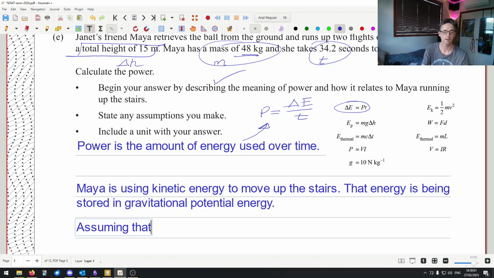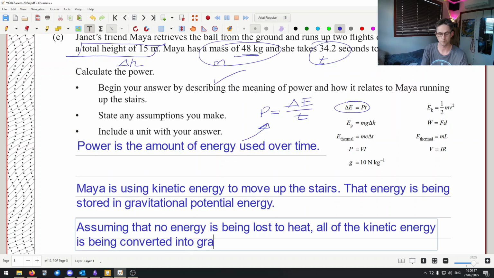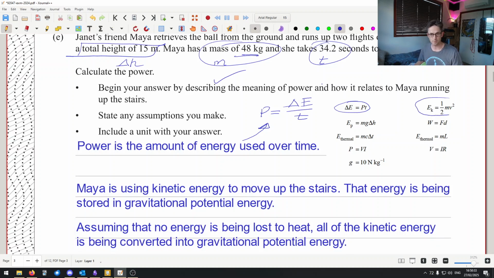So assuming that no energy is being lost to heat, all of the kinetic energy is being converted into gravitational potential energy. Because we don't know how fast she's going, we can't calculate her kinetic energy. We do know her mass, but we can't use this equation because we don't know her velocity. What is her velocity? Don't know, so we can't use that equation.